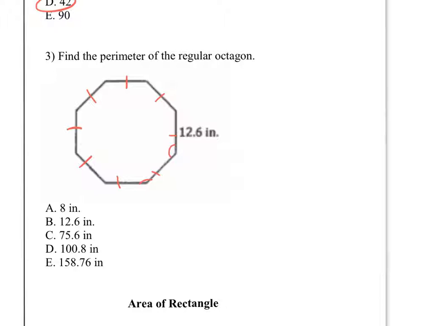So if each side is 12.6 inches, and there are 8 sides, you multiply those together, and that's going to give you 100.8 inches. So to take away from this is regular means all the sides are the same length.